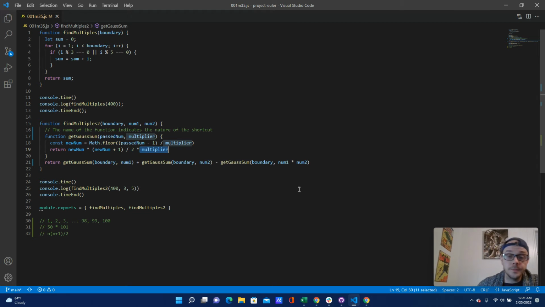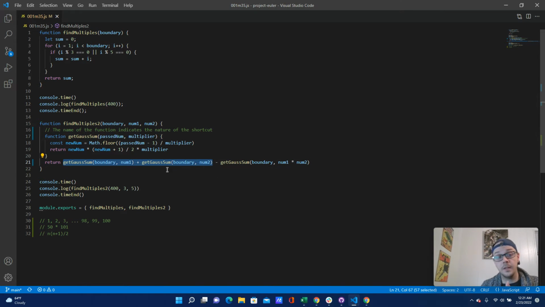So we can do that for 3 and for 5. The problem is that there are numbers that we're counting twice because they are divisible by both 3 and 5. So what do we need to do? We need to subtract those numbers from this sum.